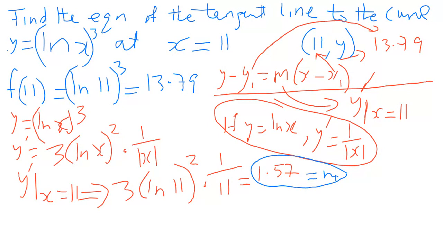So that equation is y minus, and my y1 is 13.79, is equal to the slope. Slope is 1.57, parenthesis x minus x1. x1 is 11. This is my equation. Now I can simplify.